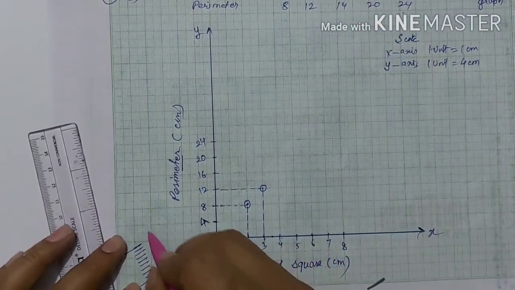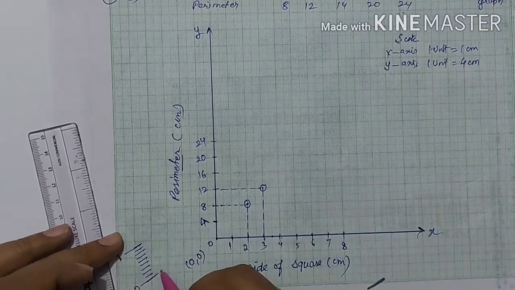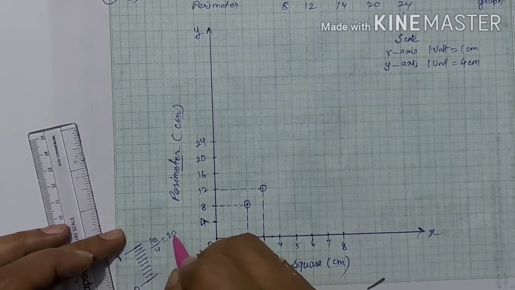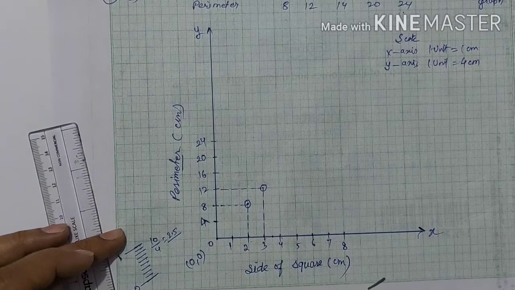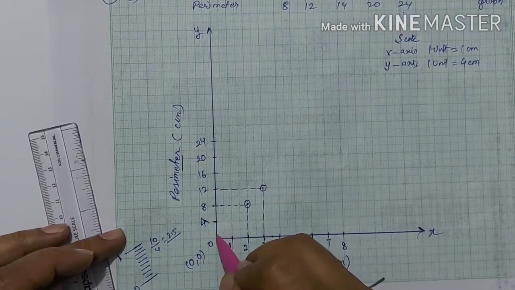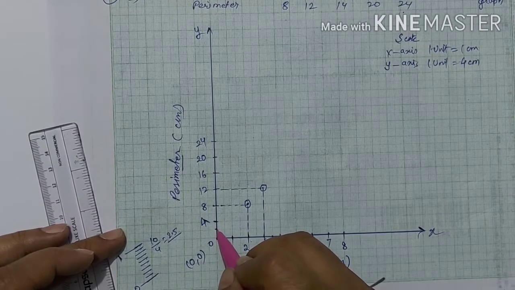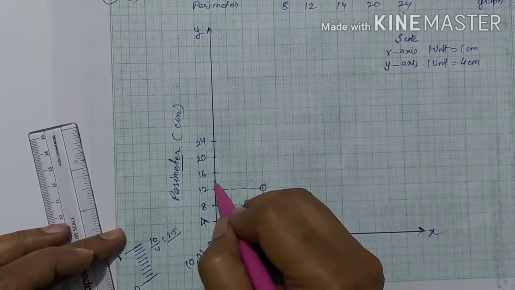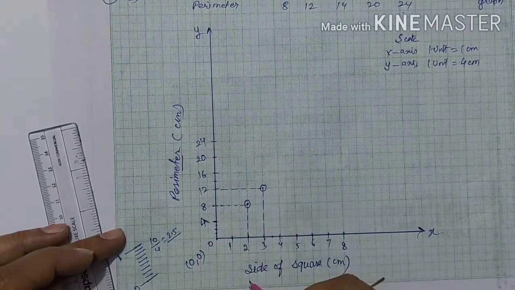Here 10 lines is 4, so 4 upon 10 is 0.4, meaning each line is a small step. So 14 is between these lines.